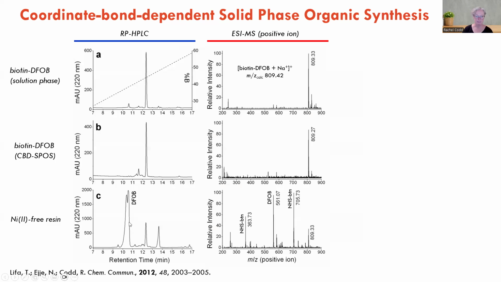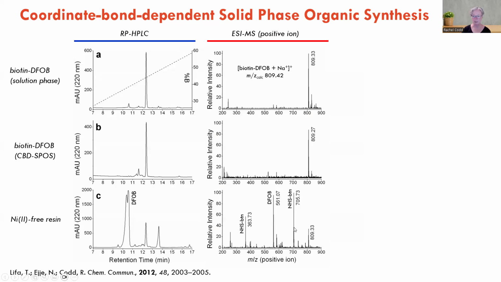So if we don't have the nickel, then essentially what we're doing here is operating under solution phase conditions, and we see a more complex system of reagents that have not reacted, and in terms of the ESI mass spectrum, we see some unreacted NHS biotin, both as different adducts.